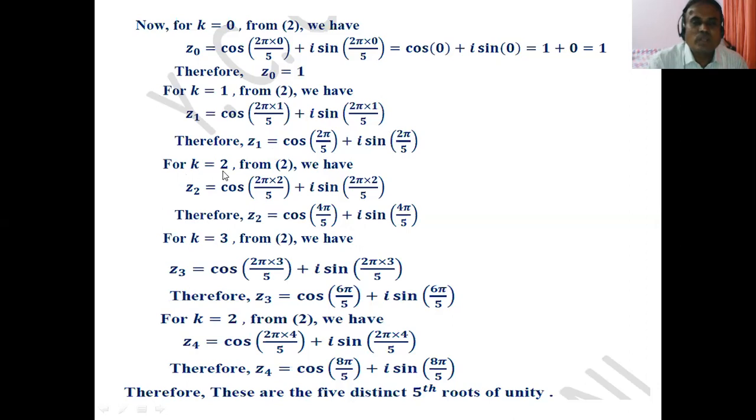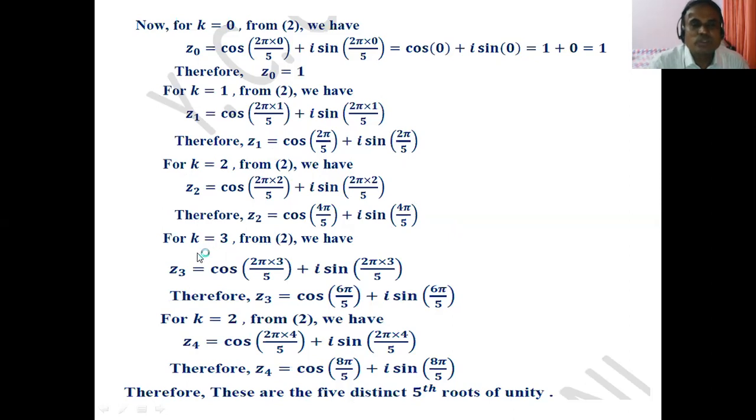Now for k equal to 2 in equation 2, z2 equal to cos of 2 pi into 2 upon 5 plus i sin 2 pi into 2 upon 5, so z2 equal to cos of 4 pi upon 5 plus i sin 4 pi upon 5. So this is the third root.